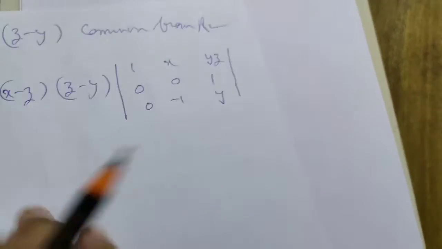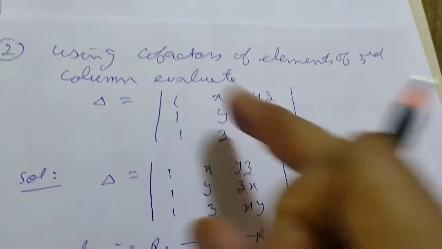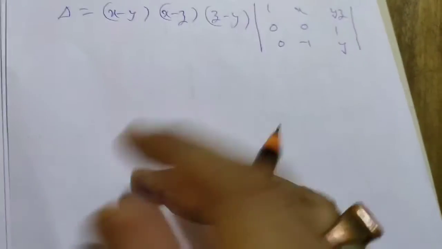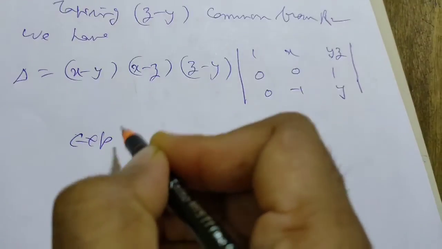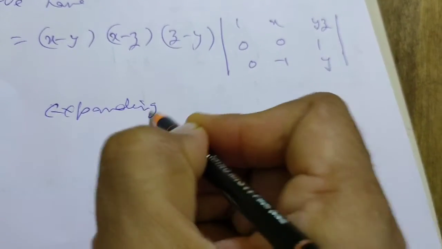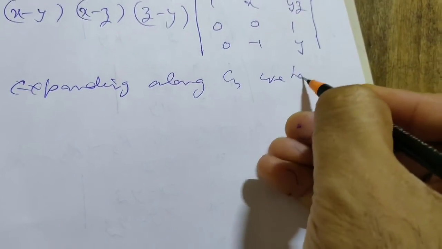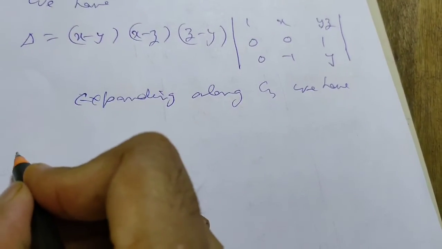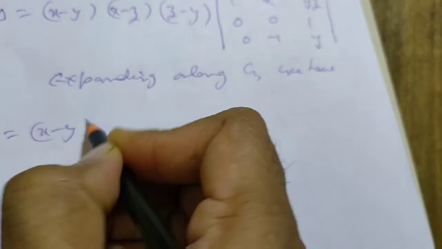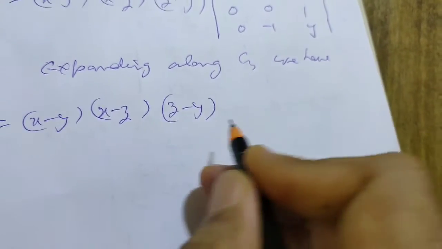Now we'll expand along column 3, the third column. So expanding along column 3 we have delta equal to x minus y, x minus z, z minus y.